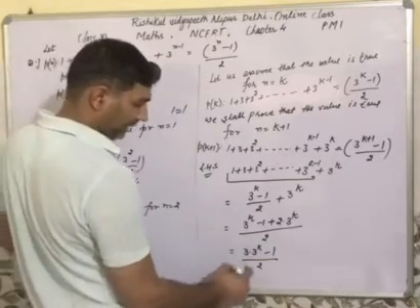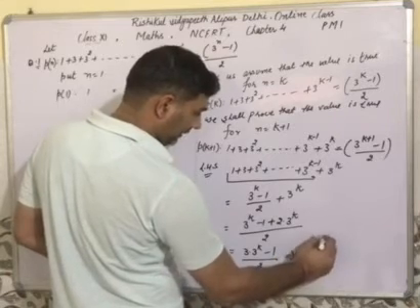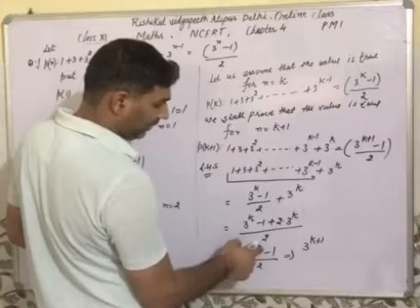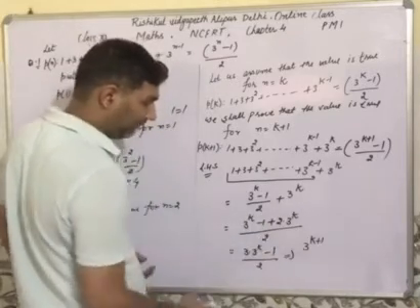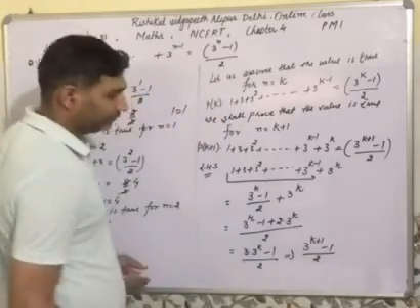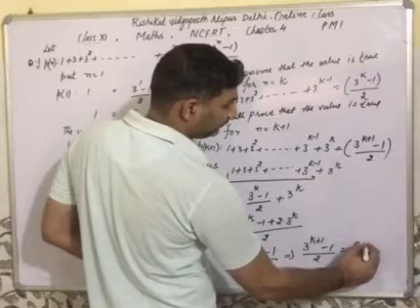This power is 1. That implies 3 raised to power k plus 1, this value 3 raised to power 1 and 3 raised to power k, both sum is 3 raised to power k plus 1 minus 1 by 2, then is equal to RHS.